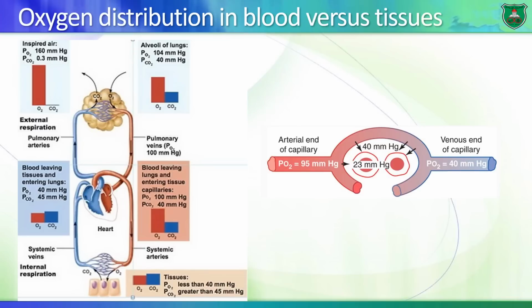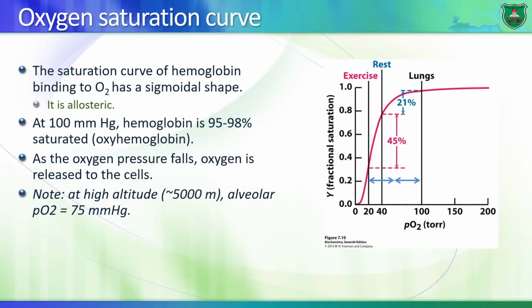So this is the saturation curve again. We have this low affinity state, where the interaction between hemoglobin and oxygen is low. Not much hemoglobin is saturated with oxygen; during exercise about 40% of hemoglobin is saturated.